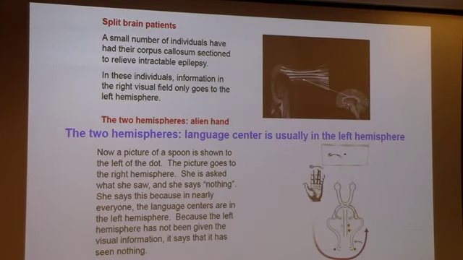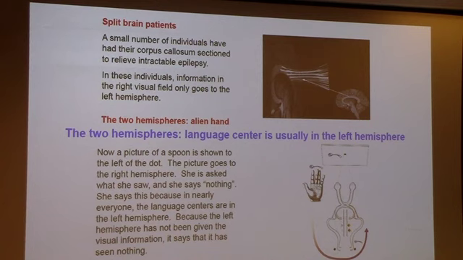So this is another example of the split brain patient. As I said before, for this kind of patient, you will have damage in the corpus callosum between the two hemispheres, so that your left and right brain will be completely separate. Information that flows to the right visual field will only go to the left side of the brain, but information at the left visual field will go only to the right hemisphere.